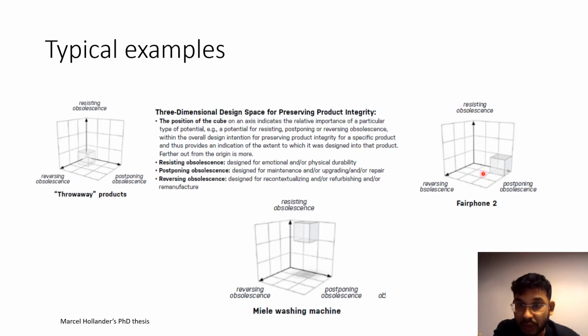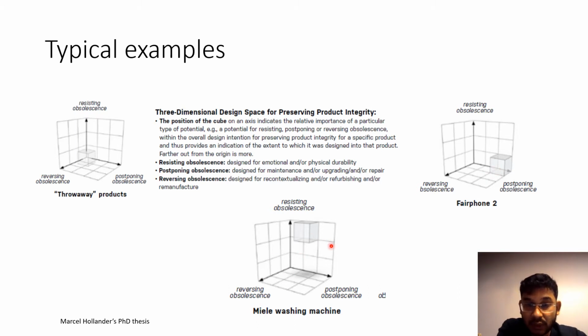They are in the quadrant more to the side of postponing obsolescence, of course. Instead of a product lasting 2 years, they are trying to make sure that the product can last until 5 years by ensuring that it can be repaired fast or upgraded when new things come up in the market in the product designs of their mobile phones. So that's how they challenge obsolescence.